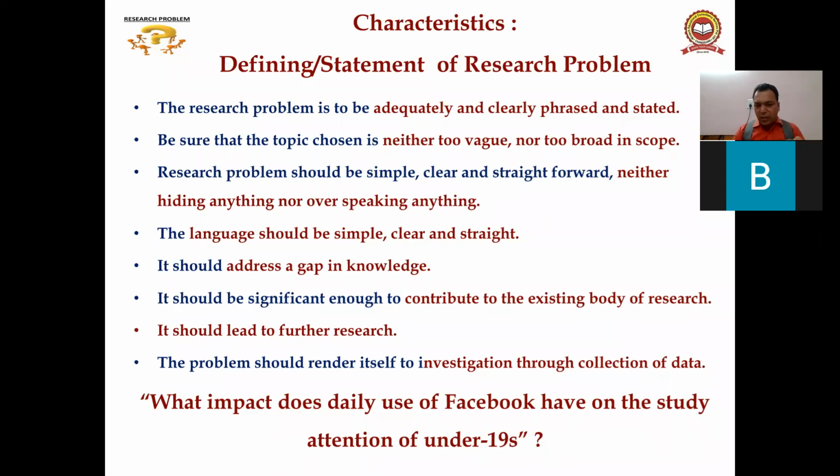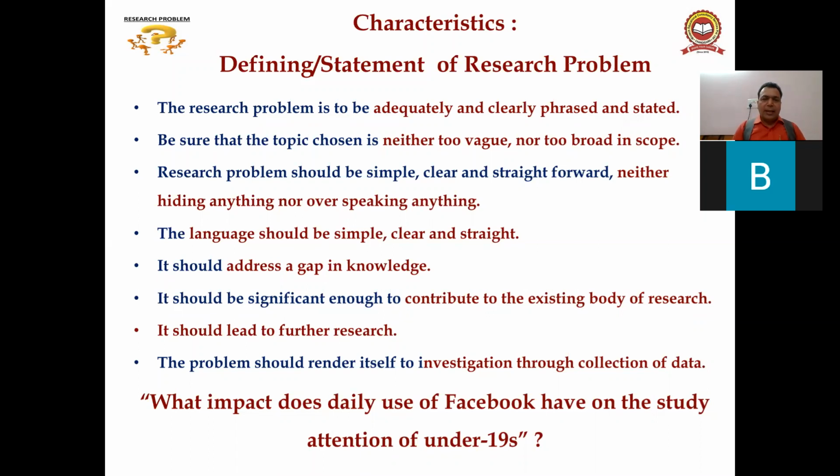When you see it, anybody can judge it. This is a clearly stated topic. It is not over-speaking and not hiding anything. Every person can judge it. The particular person is going to research the daily use of Facebook on the study habits or study attention of under 19s. So these are the characteristics.